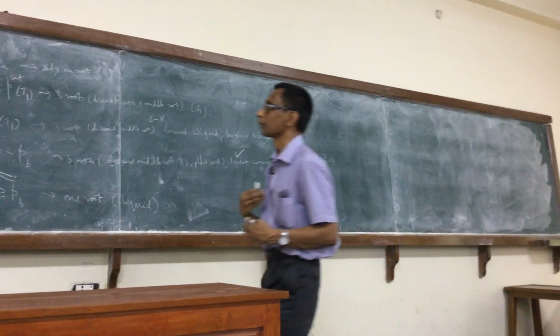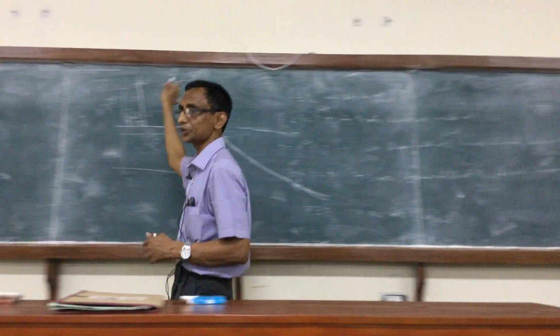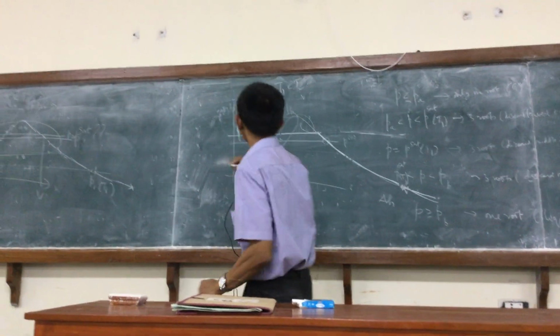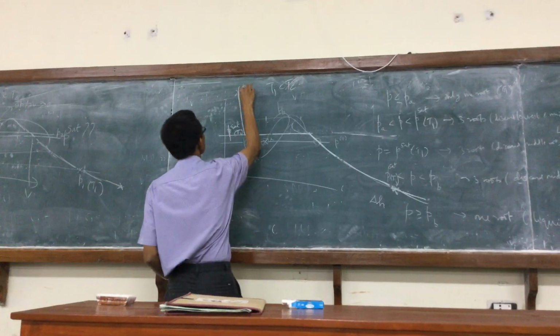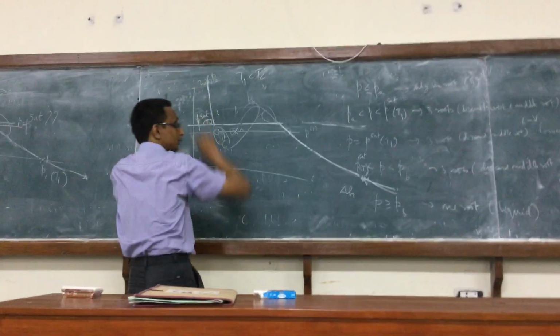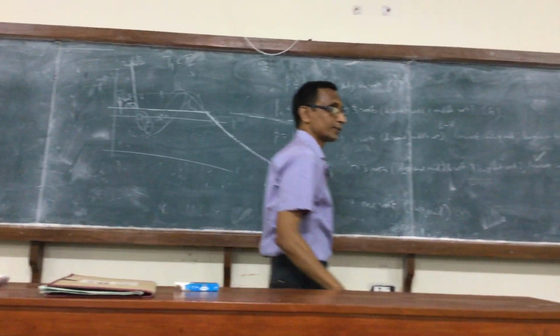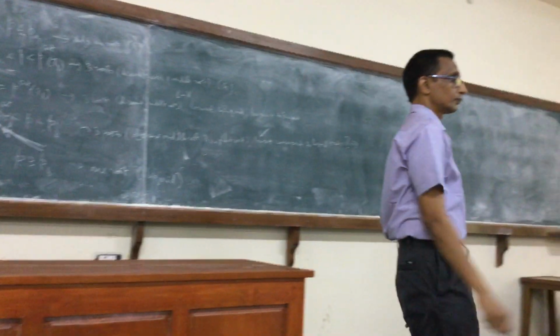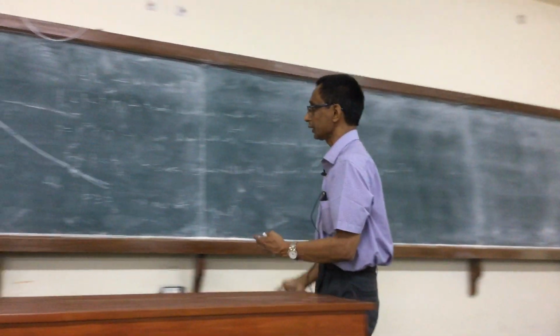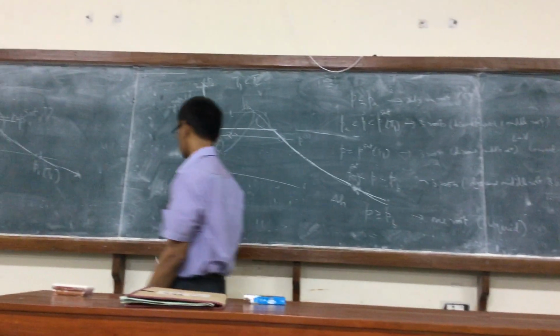And we'll finally reach the critical point and see its significance. So suppose this is my state 2 at P2, and this is at T1. What I want to calculate is delta H.